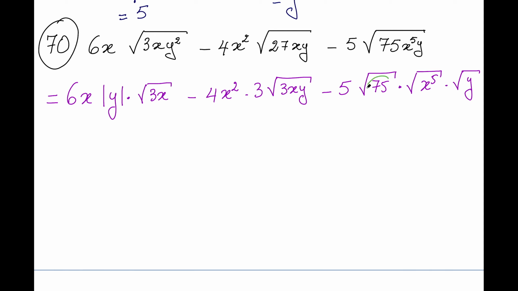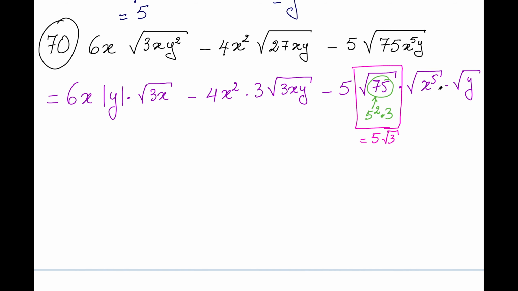So 75 is 5 squared, which is 25, times 3. Okay, so what can we say about this block? Then this is 5 square root of 3, right? Because square root of 25 is 5 times square root of 3.